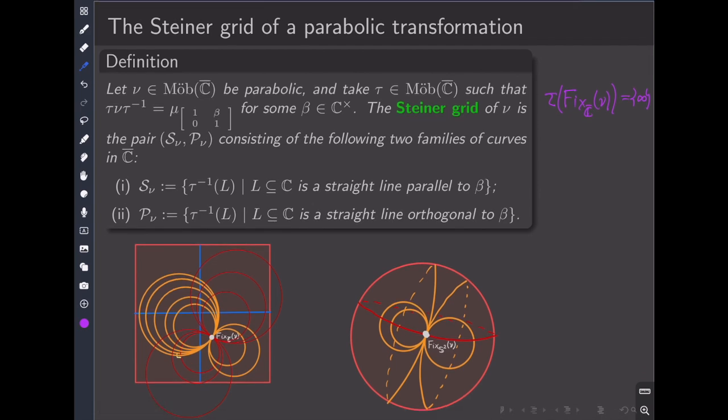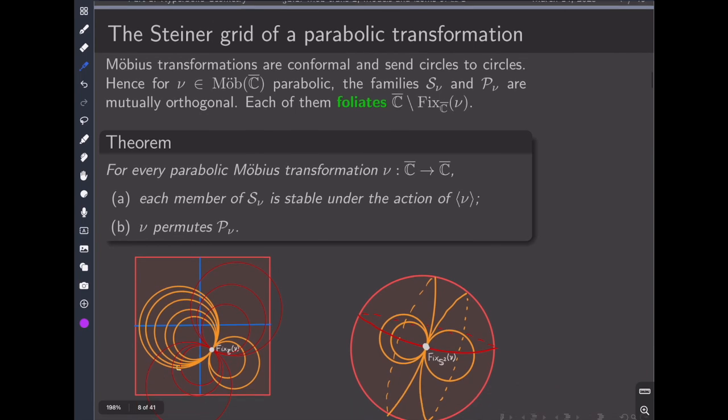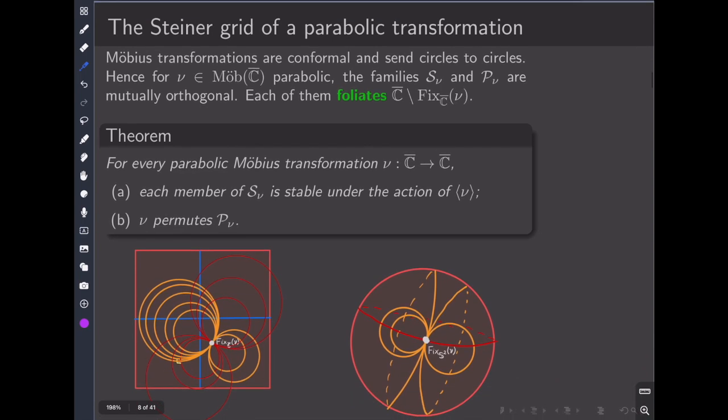So each parabolic nu has an associated degenerate Steiner grid, which is well defined, dependent only on nu, not a one parameter family. And again, this is simply because conjugation just transports the behavior.